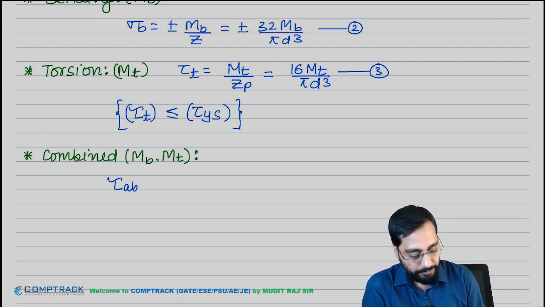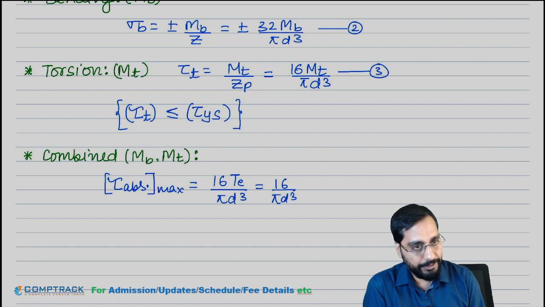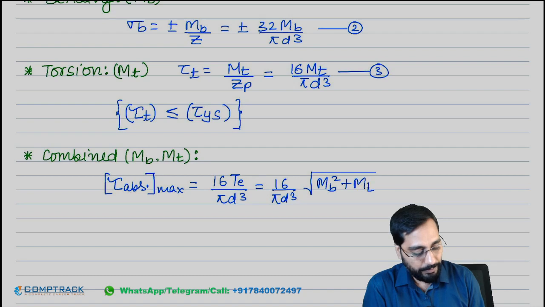In case of combined loading, the absolute tau max will be equal to 16 by pi d cube under root Mb square plus Mt square.